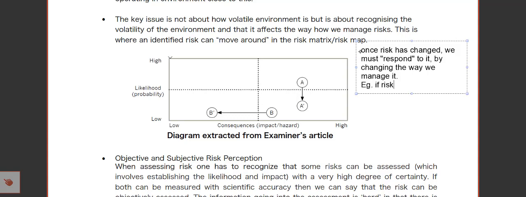For example, if risks become more significant, okay. Now, take an example. If you are operating in an area where there's never been a flood in the past 50 years, you probably will not even be bothered to insure yourself against flood risk.